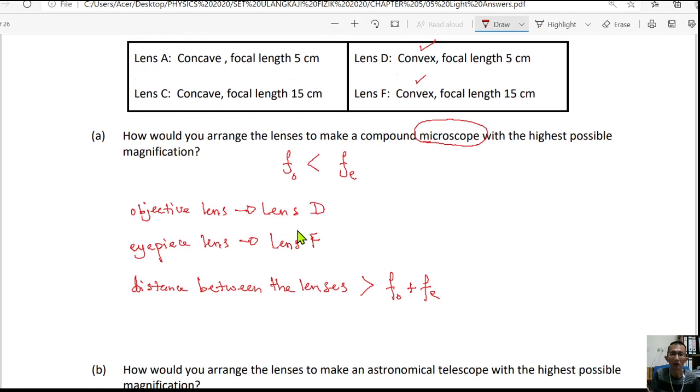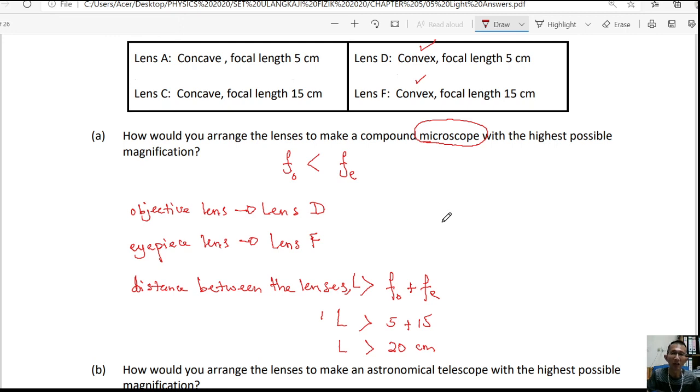Let's say it's a distance, maybe I put a notation here, L. So L must be greater than FO plus FE. FO is 5, FE is 15. Therefore, the length must be greater than 20 centimeter. So that's how you arrange the lenses to make a compound microscope.